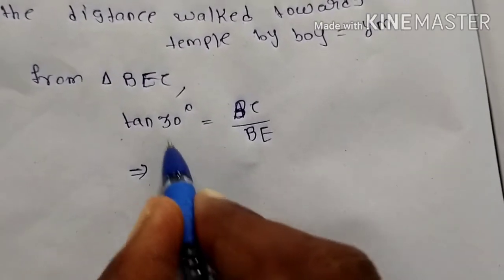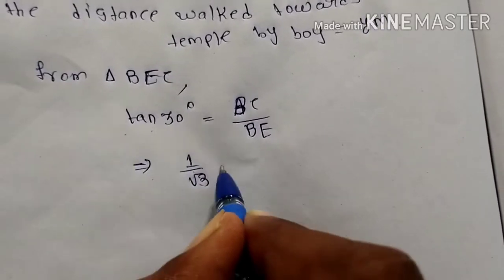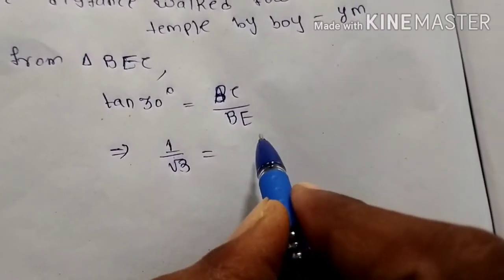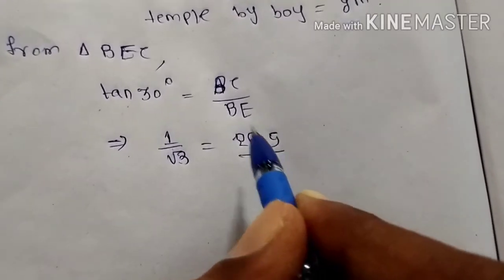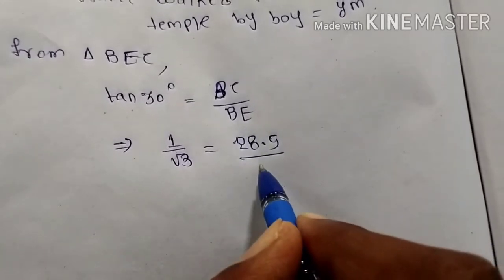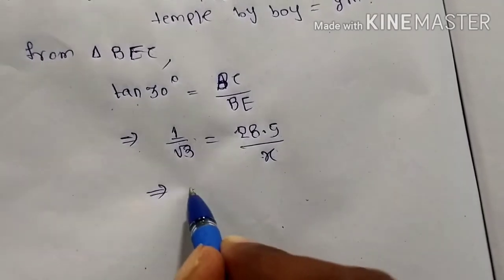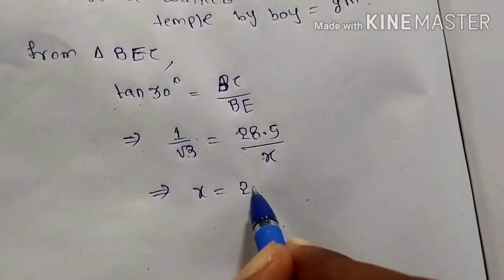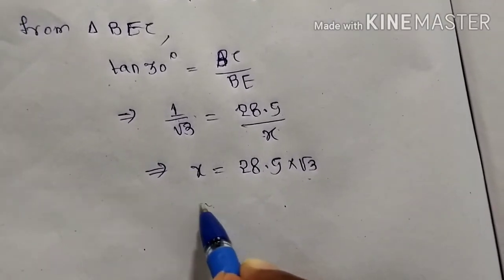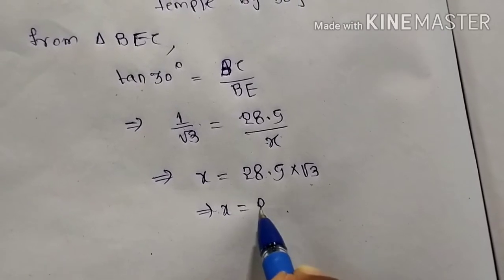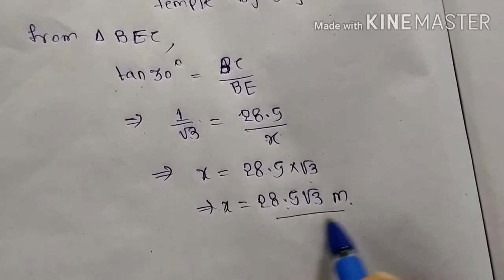Tan 30 value should be 1 by root 3. BC value is 28.5 and BE is x only. So you can do cross multiplication: x into 1 is x. Therefore x is equal to 28.5 root 3 meters.